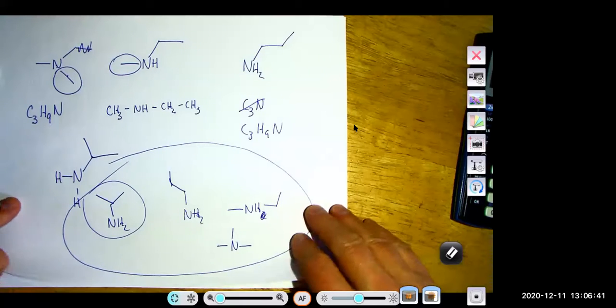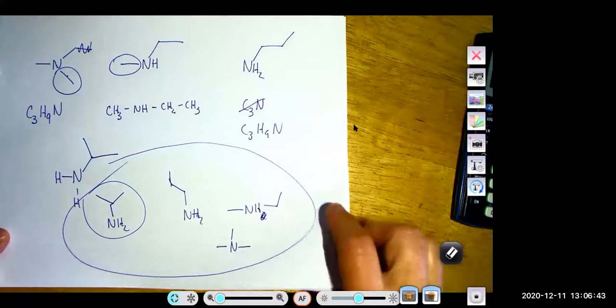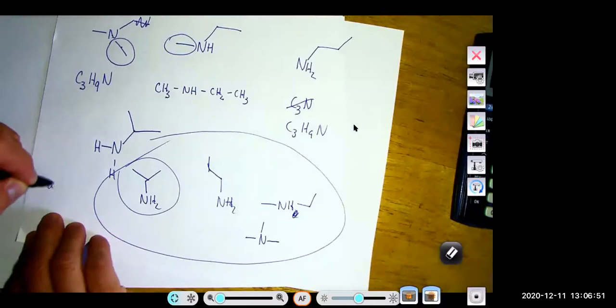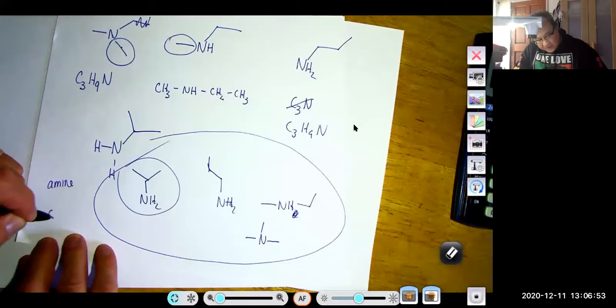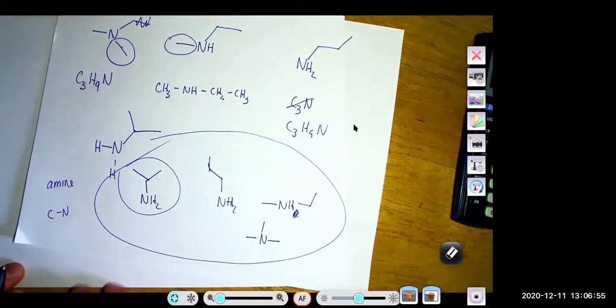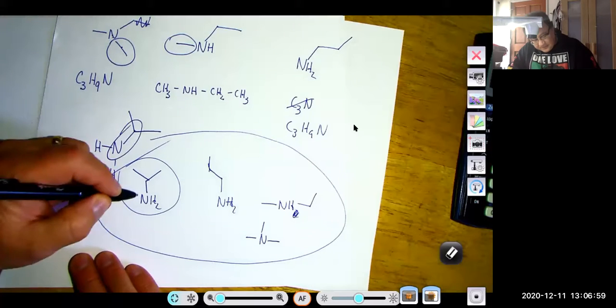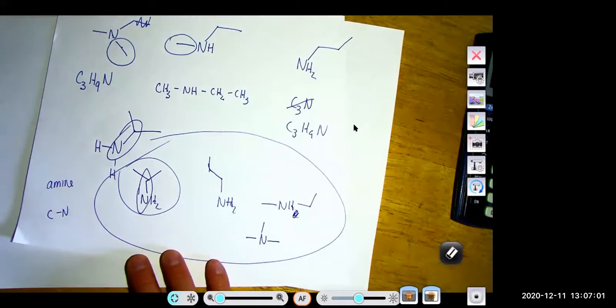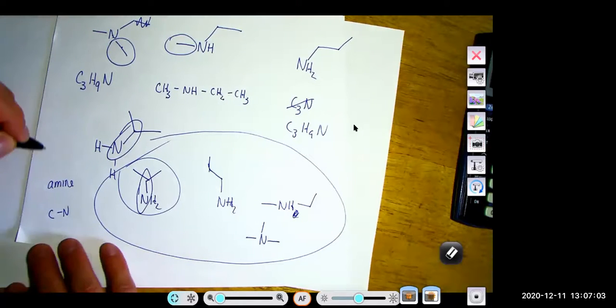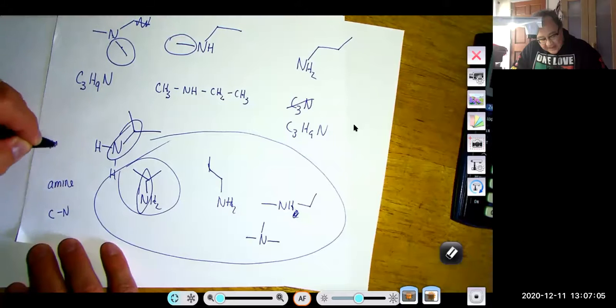And just a little bit more about the functional group of that one. It's an amine. For an amine, you need to have a carbon bonded to a nitrogen. Amide, you have to have the oxygen, a double-bonded oxygen.